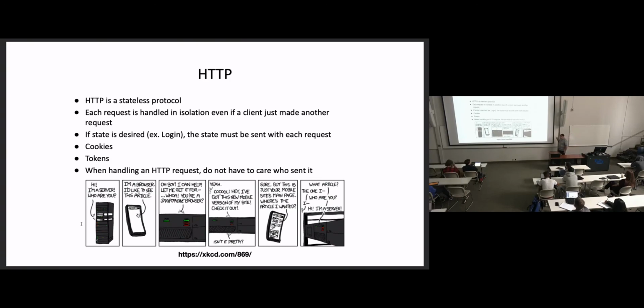So for example, when you have a web page that has HTML, CSS, JavaScript, images, each one of those requests for each piece of content is handled in complete isolation. So somebody requests the HTML, you send the HTML. The HTTP protocol doesn't have any concept of, okay, we should probably expect a request for the CSS, JavaScript, and images for this page.